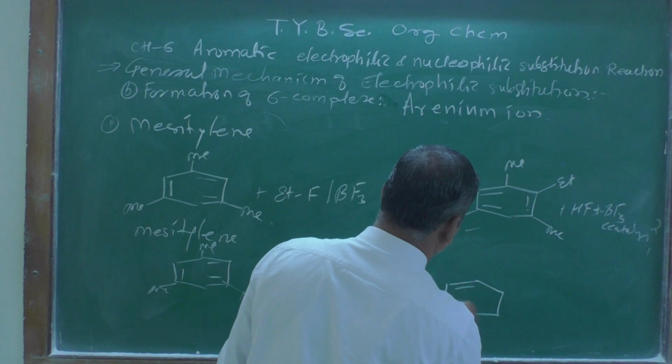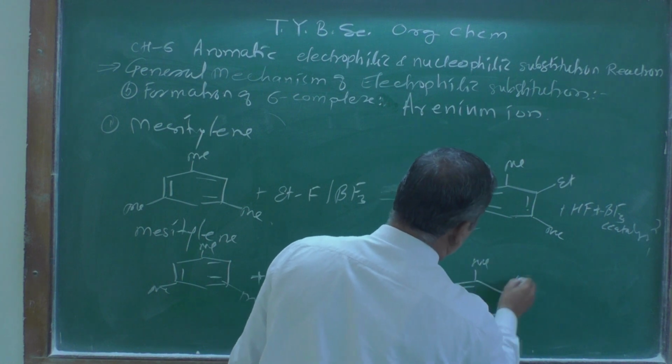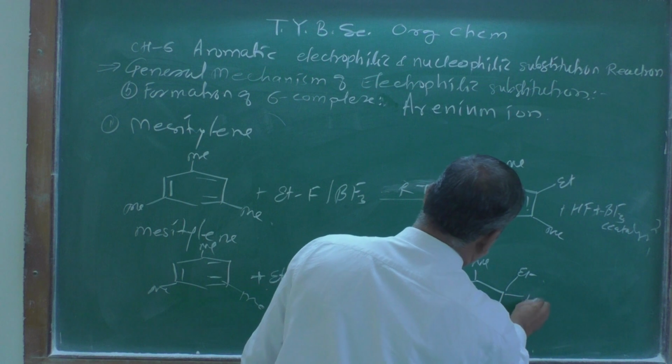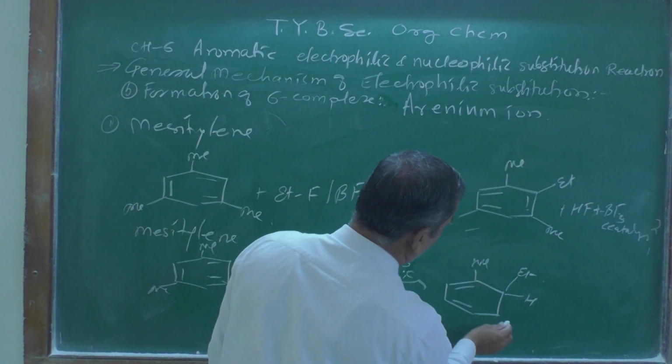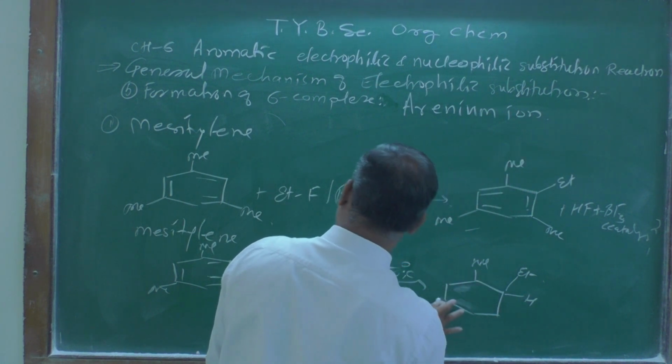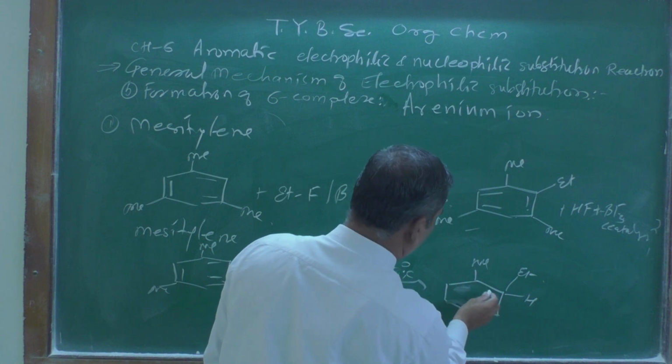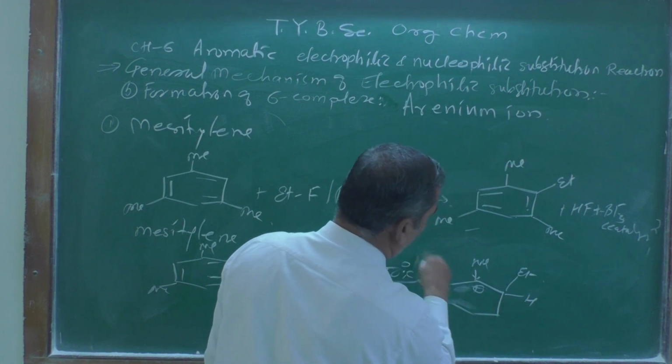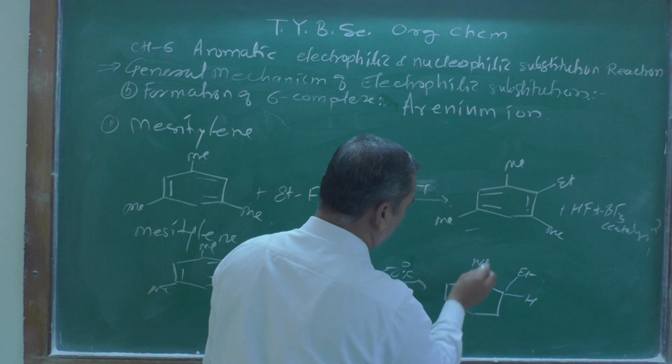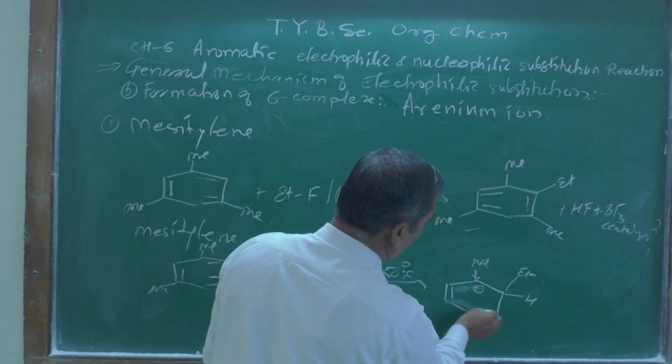This is a methyl group, here ethyl and hydrogen atom, and for convenience you can write a positive charge here, and this positive charge will be stabilized by this methyl group.